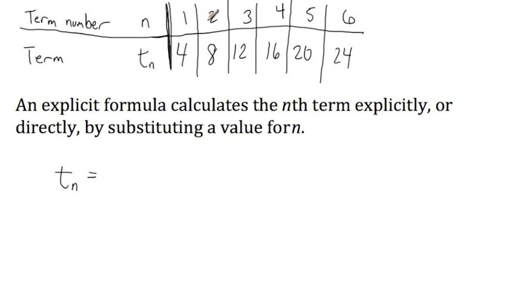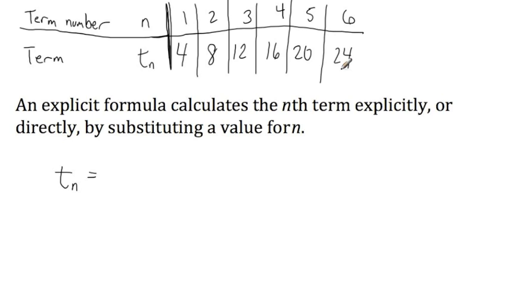2 times 4 is 8, and sure enough, that is what the term should have been. Let's check the third term. 3 times 4 is 12, and sure enough, that's what it should be. And you can check all the way across. 4 times 4 is 16, 5 times 4 is 20, and 6 times 4 is 24. So it appears that each term is generated by multiplying the term number by 4.